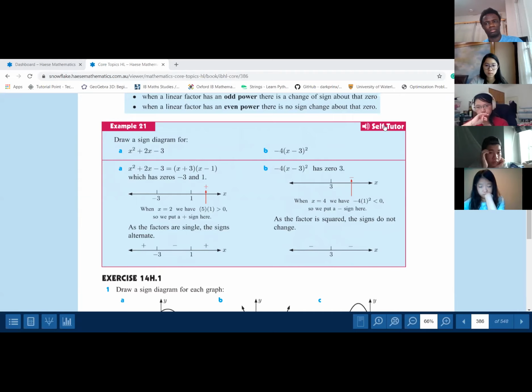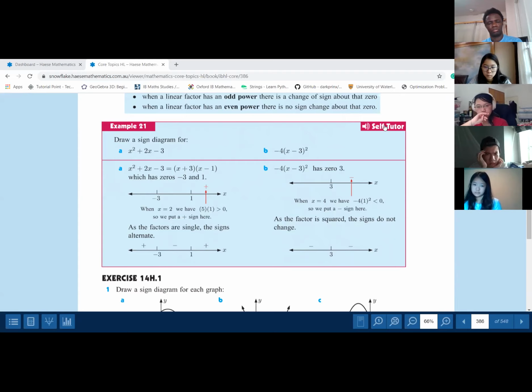There are no common factors and no special form, so we use sum and product factorization. 3 and minus 1 have product minus 3 and sum 2, so the quadratic has linear factors x plus 3 and x minus 1. Applying the null factor law, the zeros of the function are minus 3 and 1.